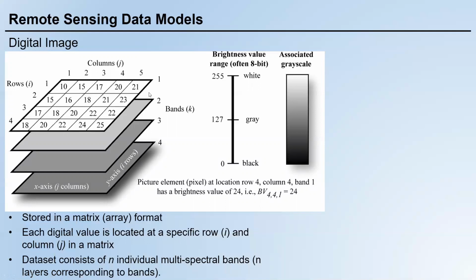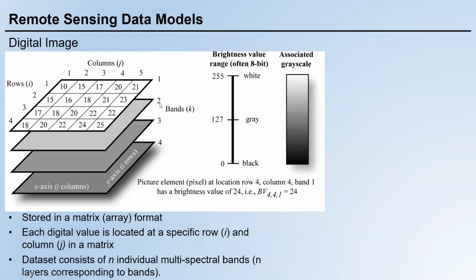For example, here we have 4 bands for a specific sensor. It means that when the sensor took an image of a specific area on the Earth, it actually took 4 images of the same area, but each image addresses the reflected energy of the area at a specific band. For example, band 1 is for R, for red.